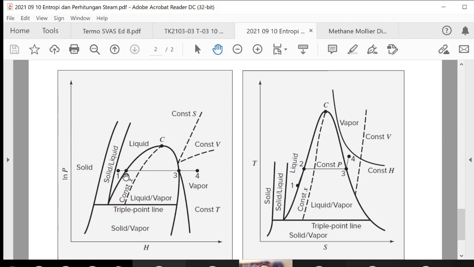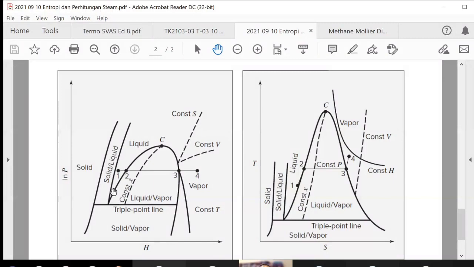On the left side of the dome, we have liquid. That is the lower part of the enthalpy. On the right-hand side of the dome, we have vapor. So, if I ask you, the enthalpy of liquid versus the enthalpy of vapor, which one is higher? It is vapor. The enthalpy of the vapor is higher than the liquid.